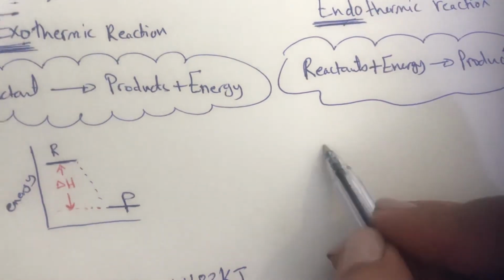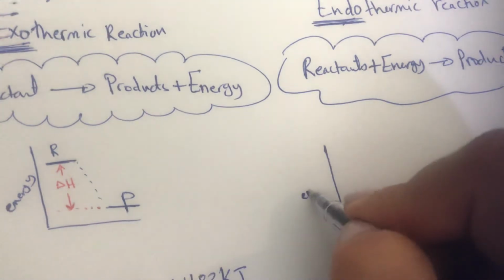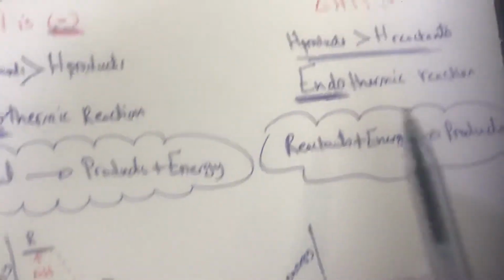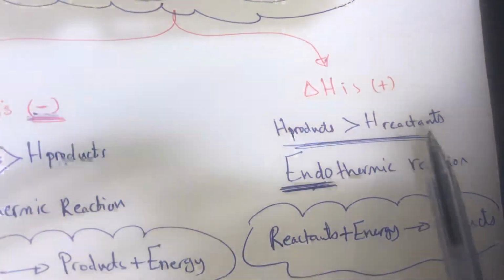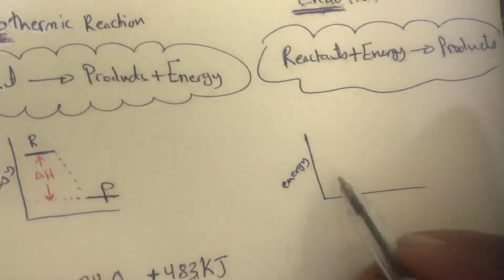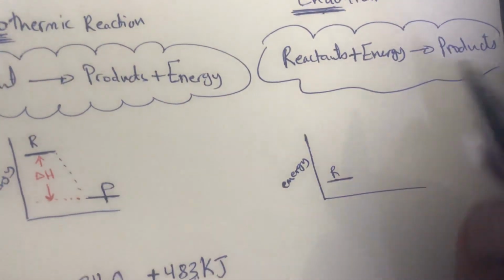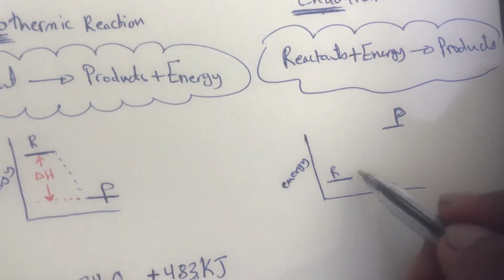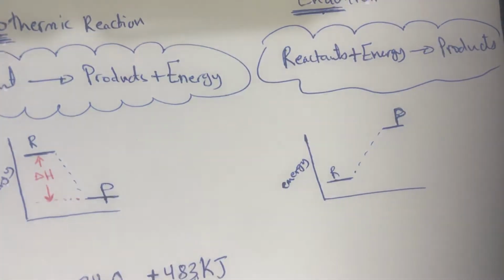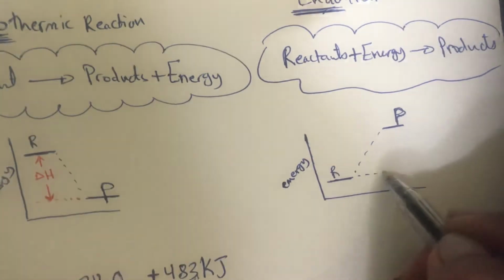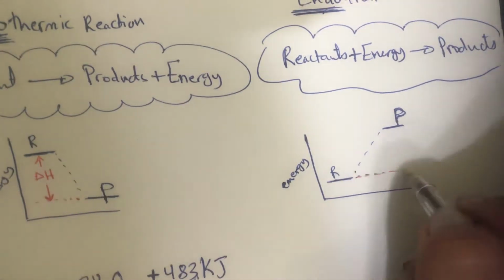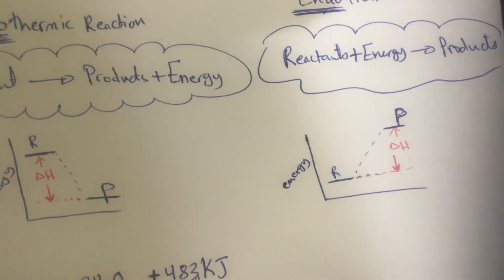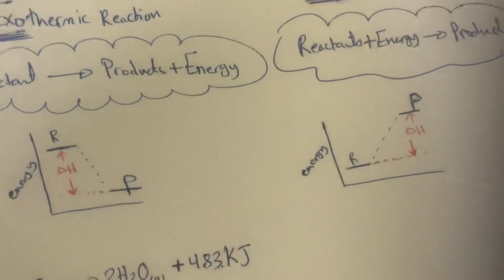If you want to draw a plot to show the energies of product and reactant, the product is higher than the reactant. The reactant is lower in energy and the product is higher in energy. So this is the delta H, or energy absorbed.